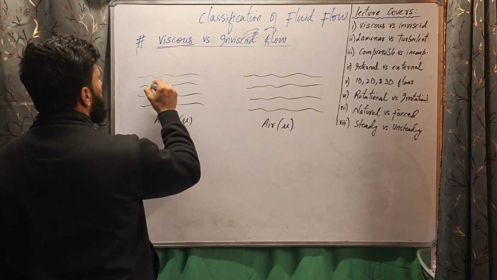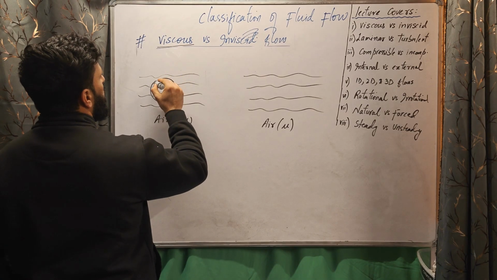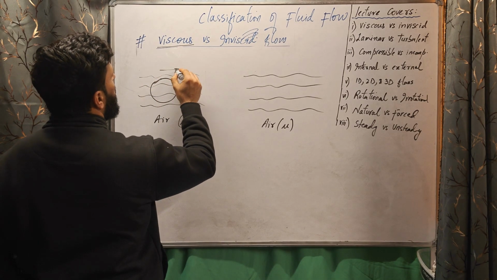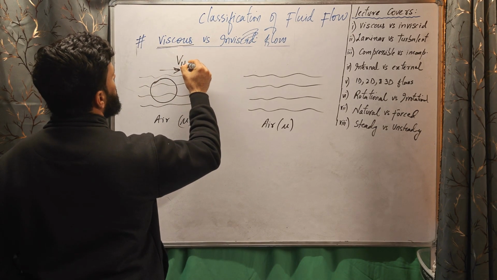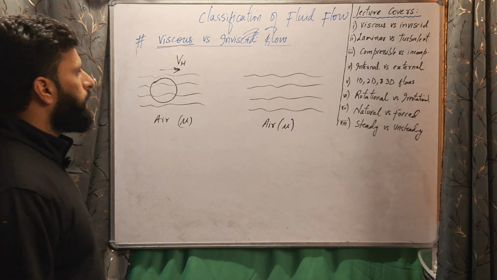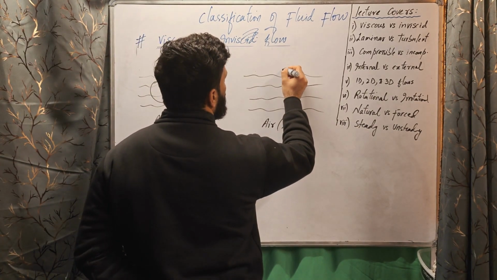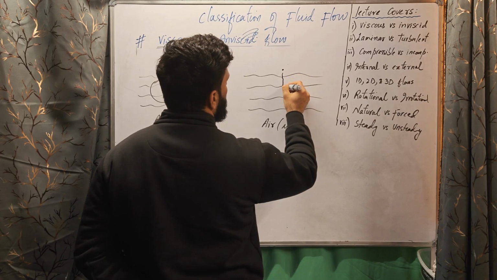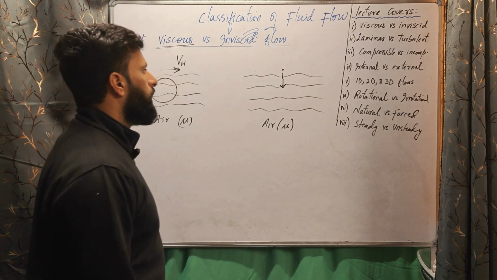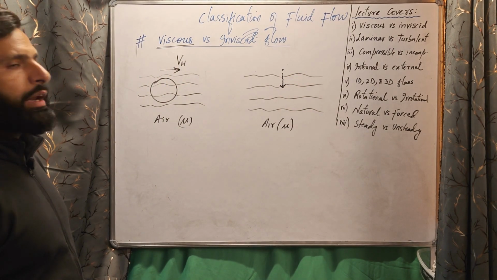In one case we'll take a football that is kicked at very high speed, and in another case we'll take a small dust particle that falls down under the action of gravity.